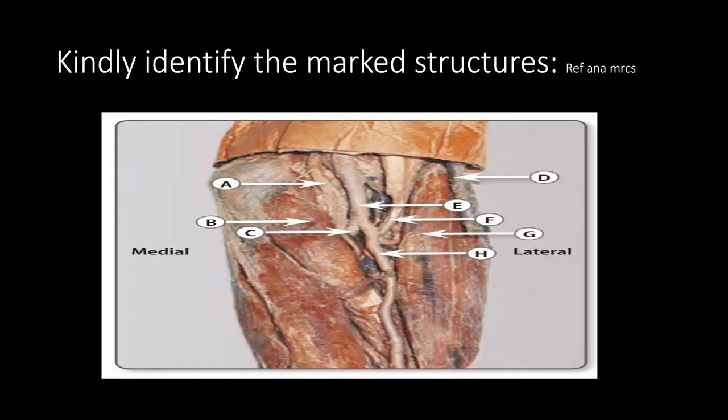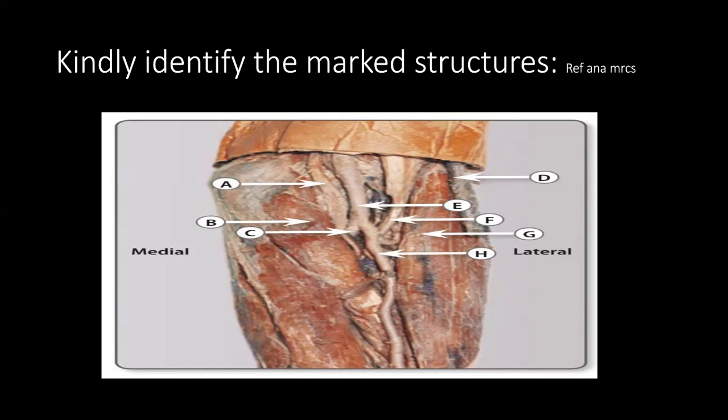B is representing the pronator teres, and G is representing the brachioradialis, and the cut line is representing the imaginary line representing the base of the cubital fossa.